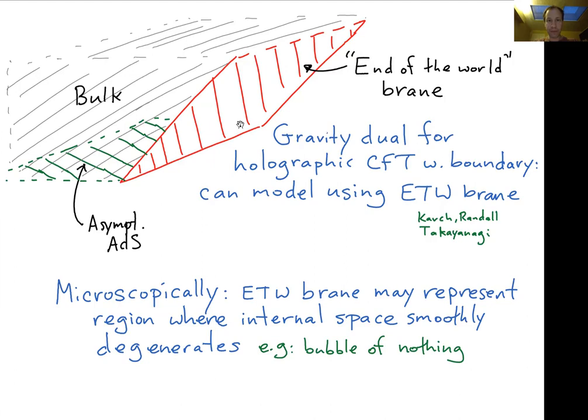That constant you could think of as a tension for this end of the world brane. So that's the very simplest term you could add in a bottom-up kind of action for these end of the world branes. And then you could imagine more complicated terms as well. You could have couplings to scalar fields in the bulk and so forth. So the most important thing that I'll talk about is just that one parameter, which is the tension parameter.